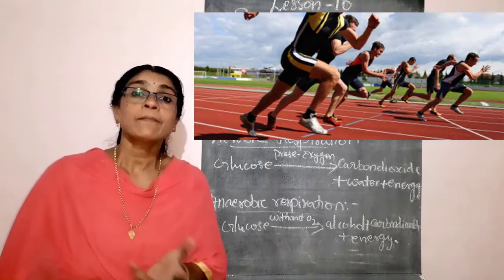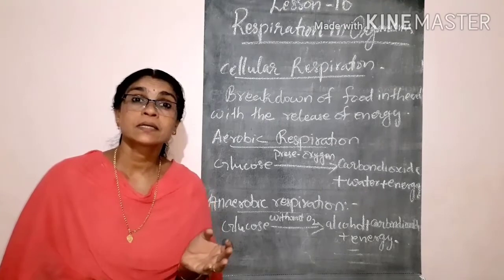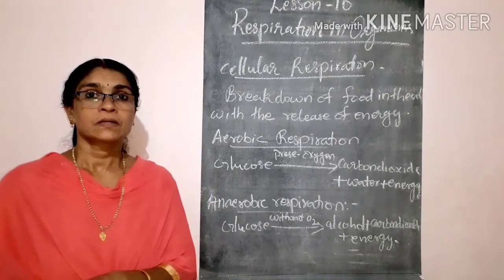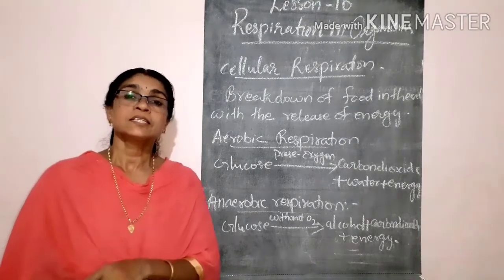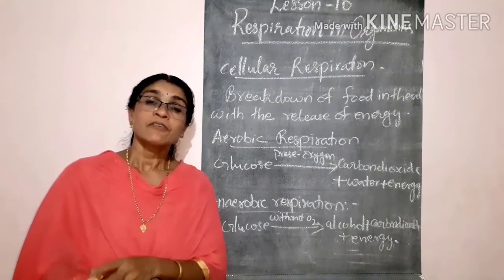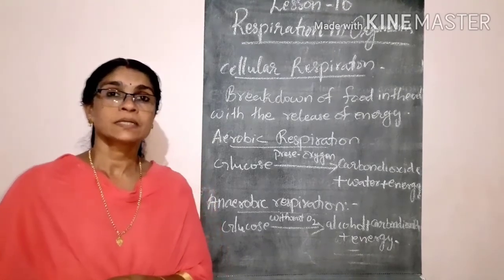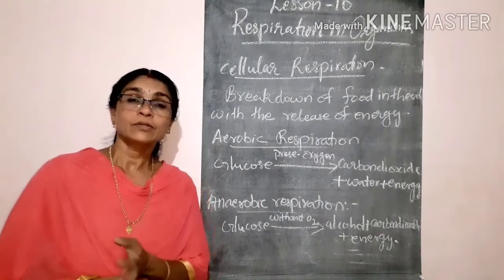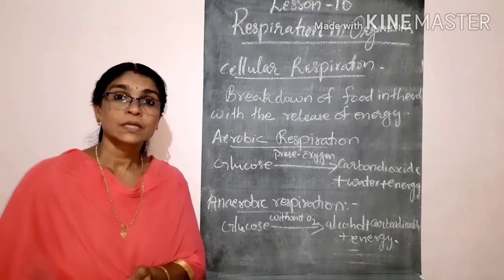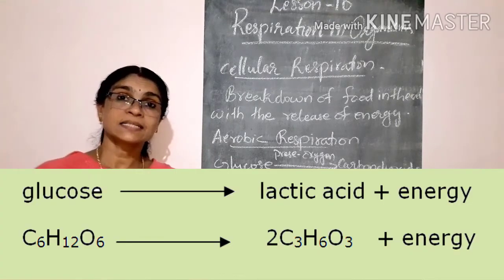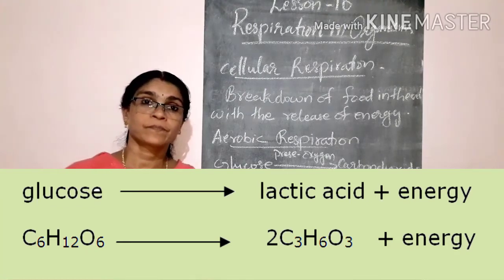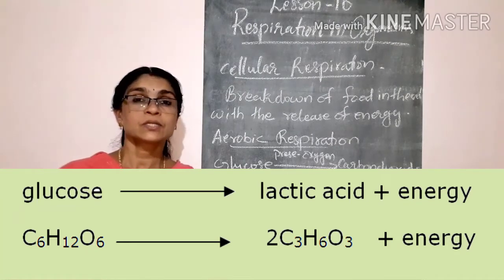But the amount of oxygen in our body is limited. In such conditions, our muscle cells carry out anaerobic respiration, that means the breakdown of glucose into lactic acid and release of energy to cope with that situation.